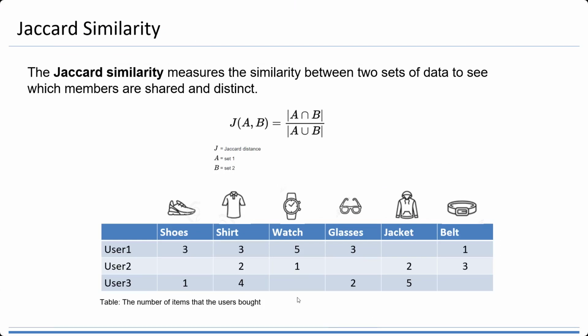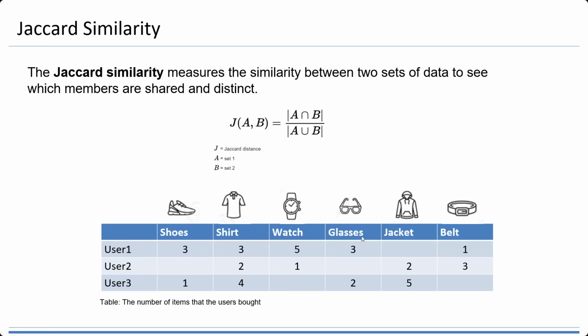So for example, this data. Let's say user 1 bought 3 shoes, 3 shirts, and 5 watches.